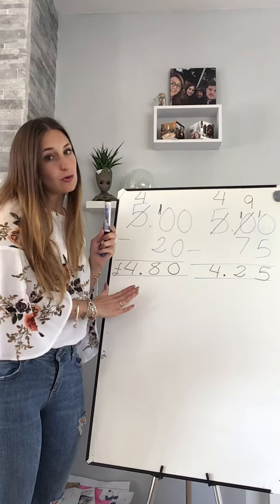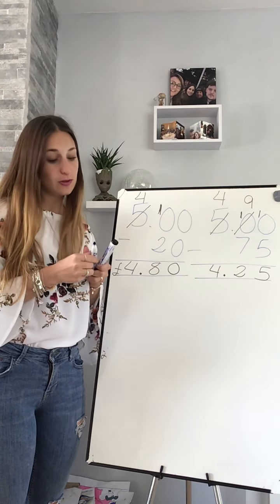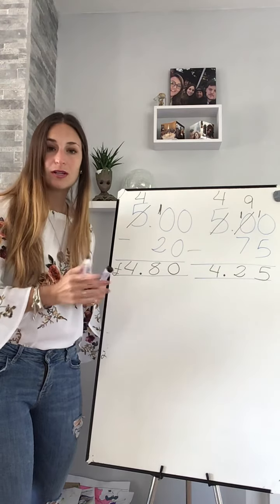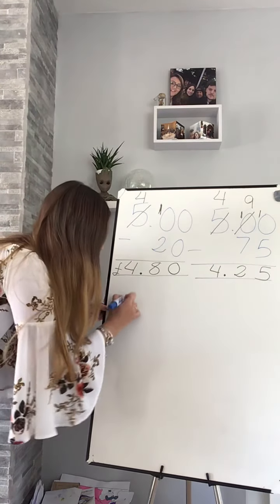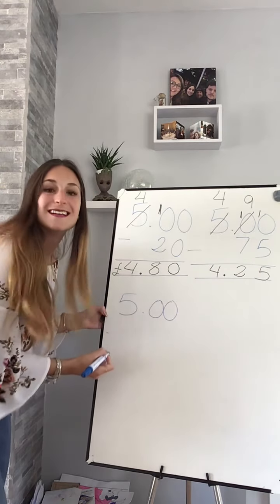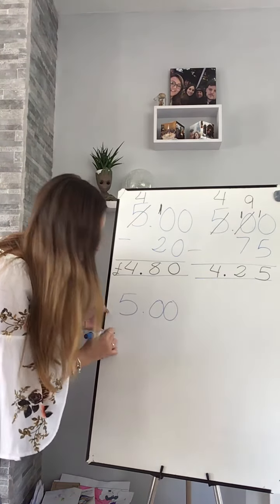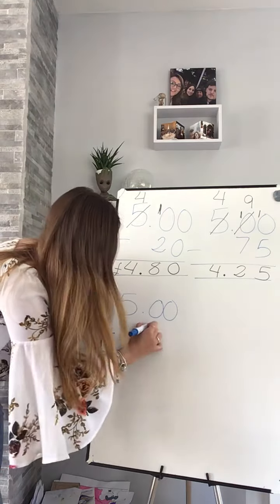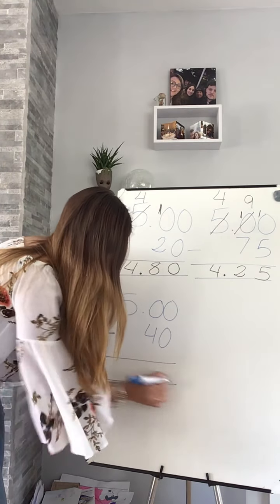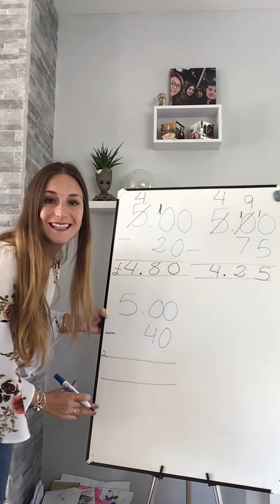I'm going to write two on the board that I want you to have a go at in your book. And then you play it when you have done it, and then we can correct it together, okay? Right, in your book, £5 take away, I'm going to give you 40. £5 take away 40.